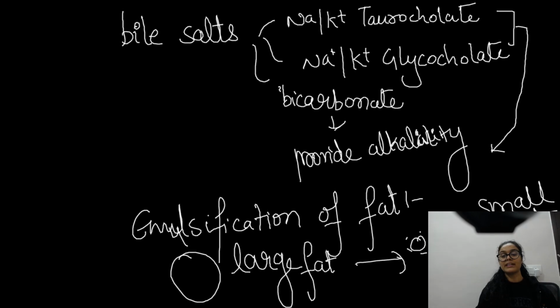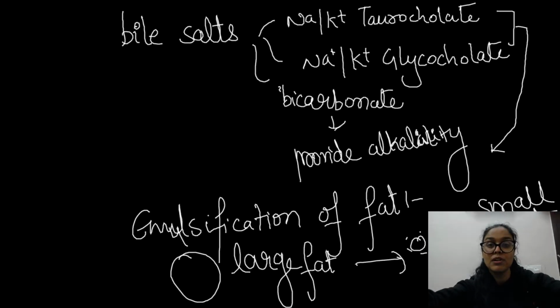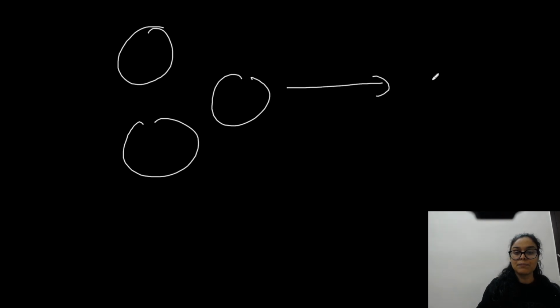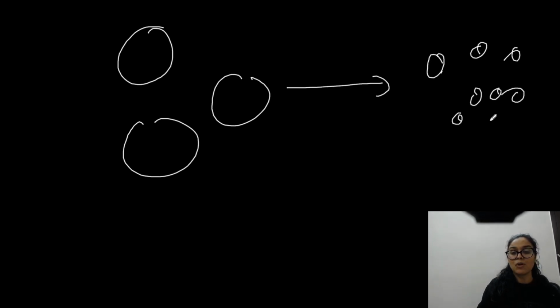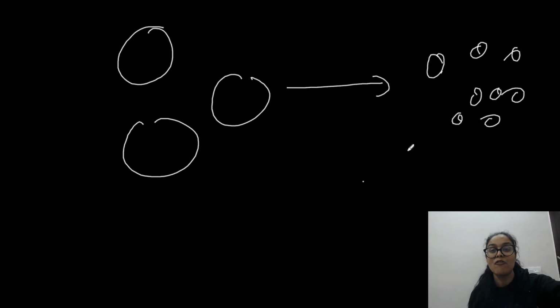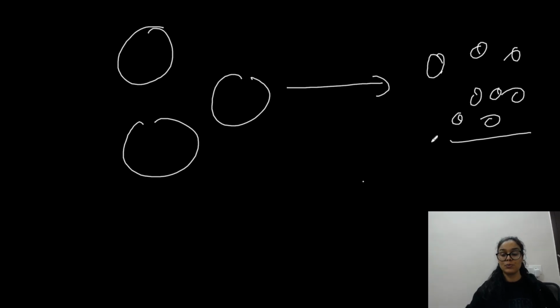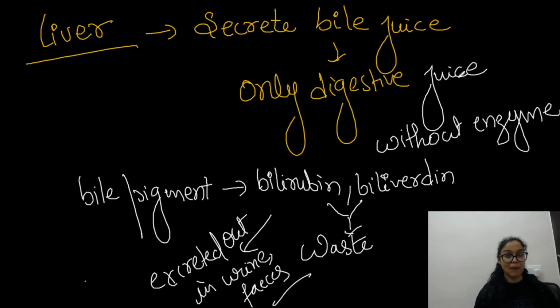The bile salt around them breaks them down from large to small globules so that the enzymes, pancreatic lipase and intestinal lipase, can work on them very efficiently. But remember, bile juice does not have any enzyme.